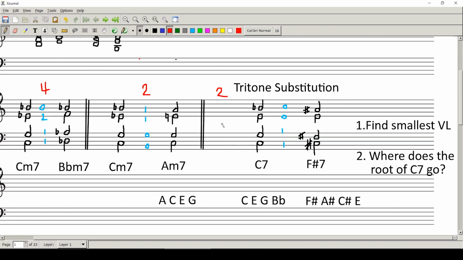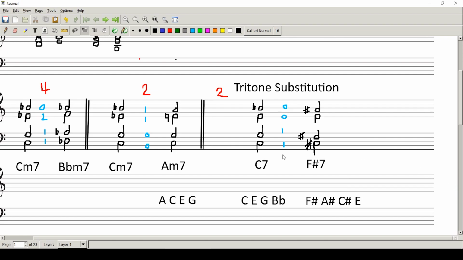Yeah, exactly. So this same sort of thing is going to apply if instead of doing C dominant 7 to F sharp dominant 7, what if I go like C dominant 7 to F7? I think that's the kind of thing that you're asking about.